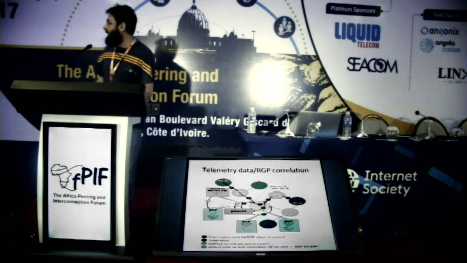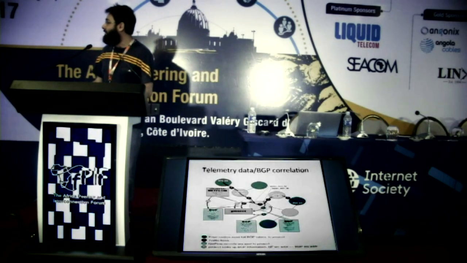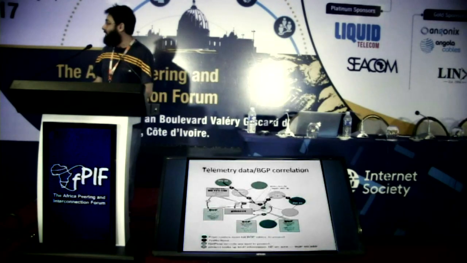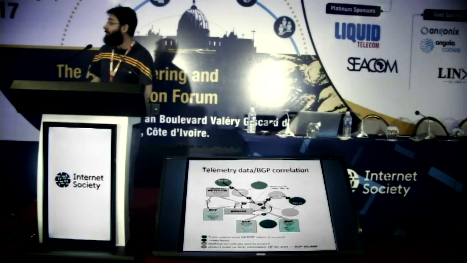It's a process in 4 steps. The first step: imagine again this orange circle here is the observed network. Step number 1, the edge nodes are sending BGP tables to pmacct. Step number 2, there is some traffic flowing through, right? So there is a traffic flow from source AS to destination AS.